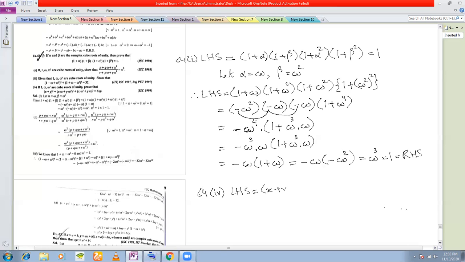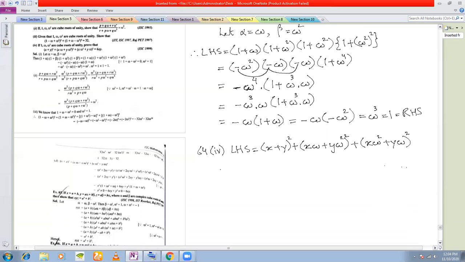x plus y whole square plus x omega plus y omega square whole square plus x omega square plus y omega whole square. Okay, so what should I do here? Expand first.